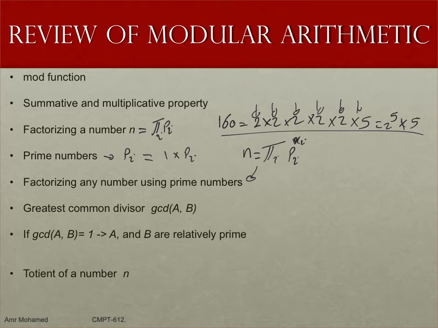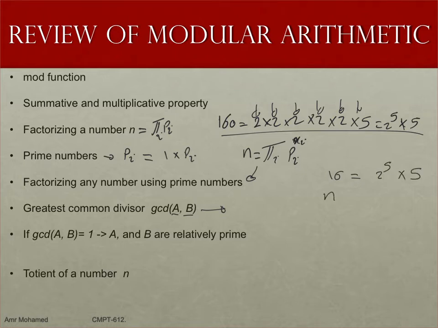Now we come to the nitty-gritty stuff. Now we talk about the greatest common divisor. The greatest common divisor between any two numbers is, from the name, the greatest divisor that divides both numbers. So we say that 160 is in fact 2 to the power 5 times 5, right?